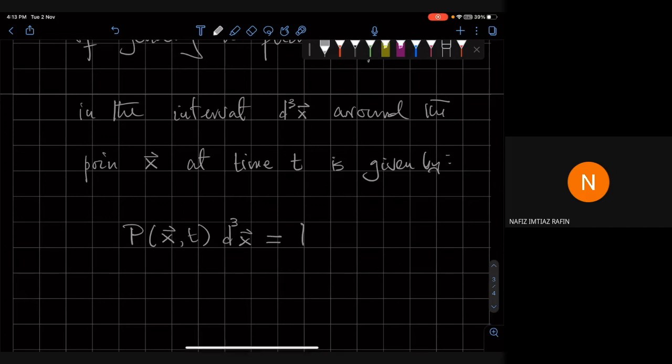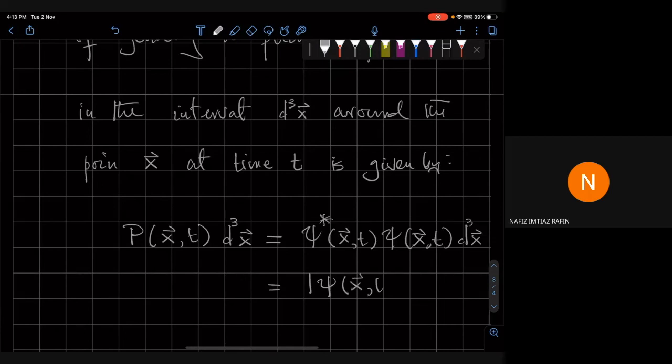And this is given by ψ star of x, t times ψ of x, t times d cubed x, or the modulus of ψ squared d cubed x, okay? So this is what gives the probability, relative or absolute. Is that clear? At least formally what I'm saying?